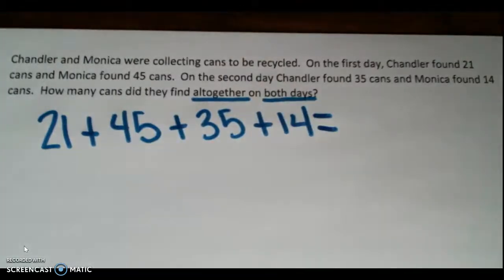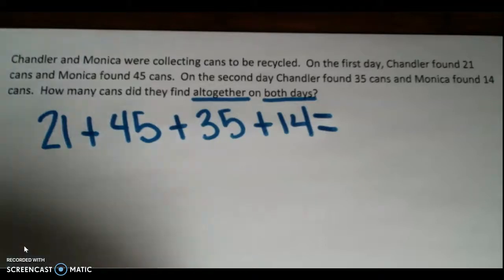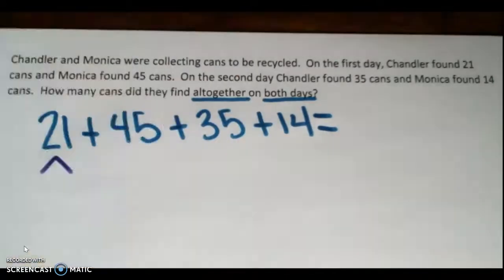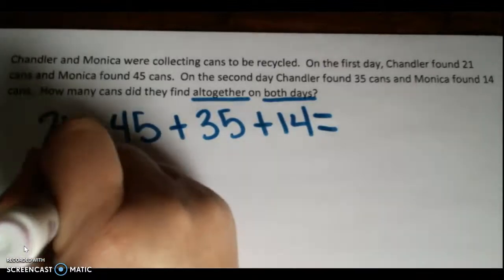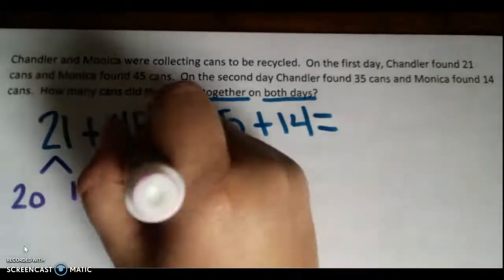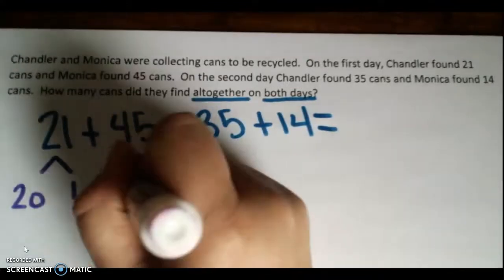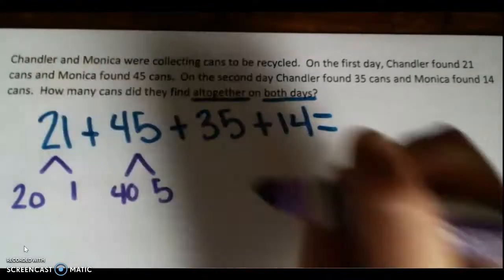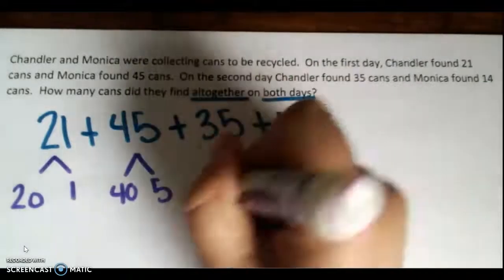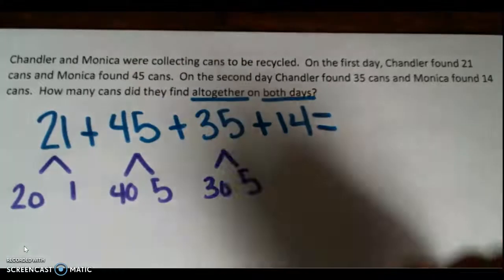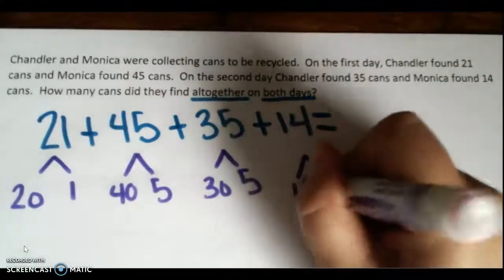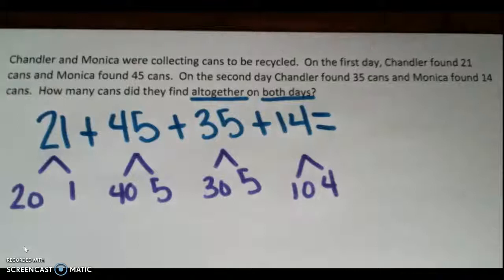Now the first thing I want to do is break apart my numbers into tens and ones. So I know that the number 21 is 20 and 1. 45 is 40 and 5. 35 is 30 and 5. 14 is 10 and 4.